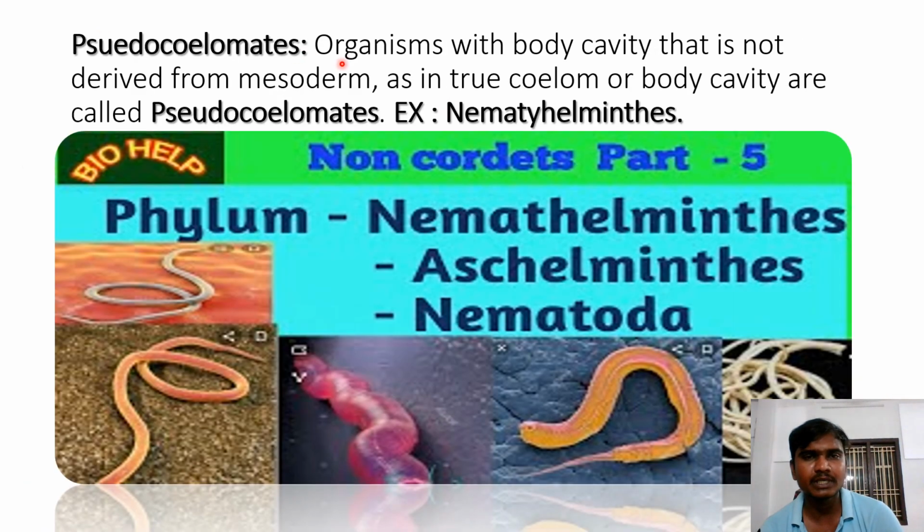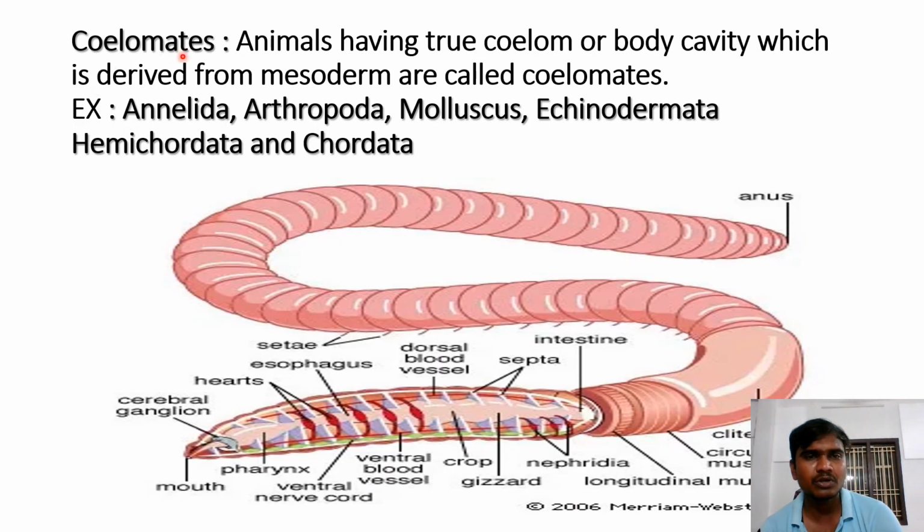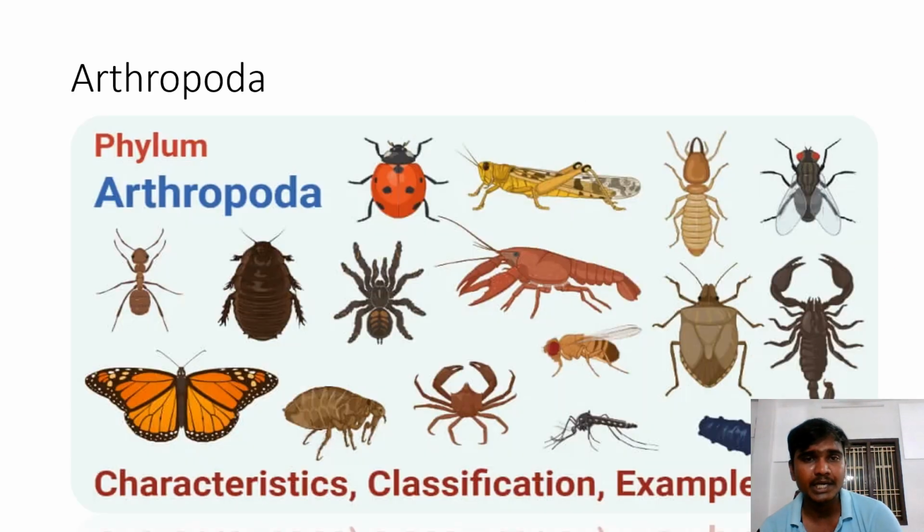And pseudocoelomates: organisms whose body cavity is not derived from mesoderm, as in a true coelom, are called pseudocoelomates. Example: Nemathelminthes. And coelomates: animals having a true coelom or body cavity which is derived from mesoderm are called coelomates. Examples: annelids, arthropoda, molluscs, echinodermata, hemichordata, and also chordata.